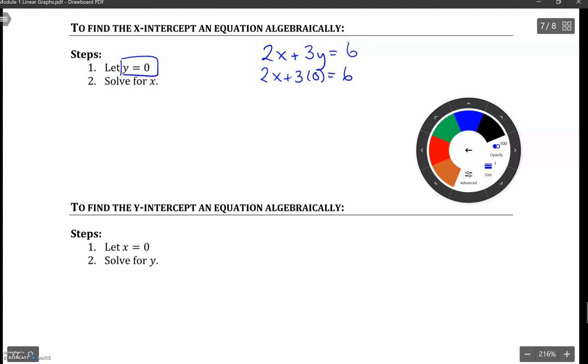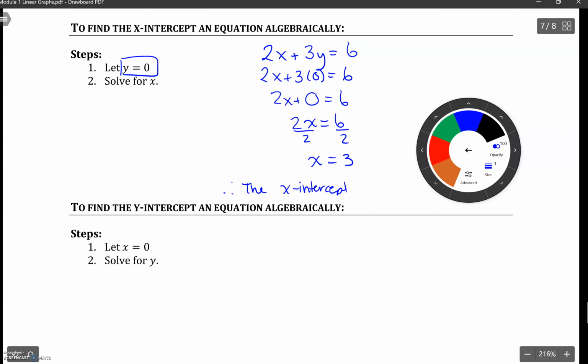Substituting that in and simplifying to solve for x, we get 2x plus 3 times 0, that's 0, is equal to 6. So we get 2x is equal to 6. To solve for x, we divide both sides of the equation by 2, so x is equal to 3.